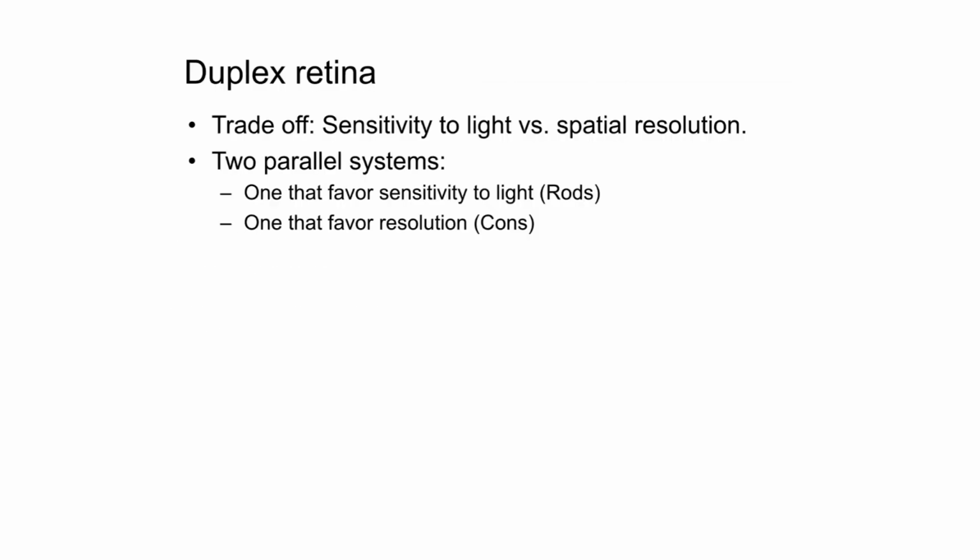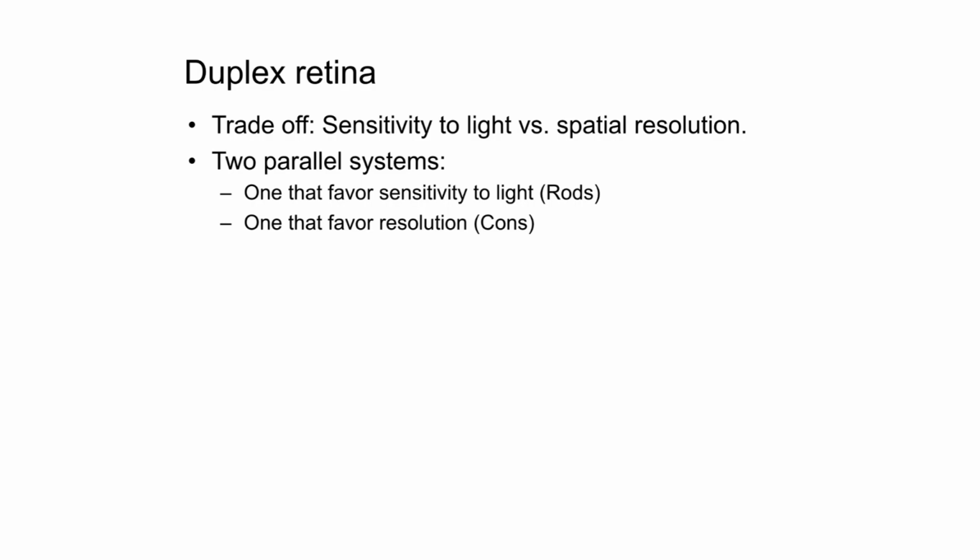So we can also refer to the retina as a duplex. This is because of the existence of rods and cones, the two modes of visual sensory. So we have this trade-off between sensitivity to light, that means being able to see in a low luminous intensity environment, or spatial resolution, that means being able to see during daylight, when there is light, and being able to have a high degree of spatial resolution.